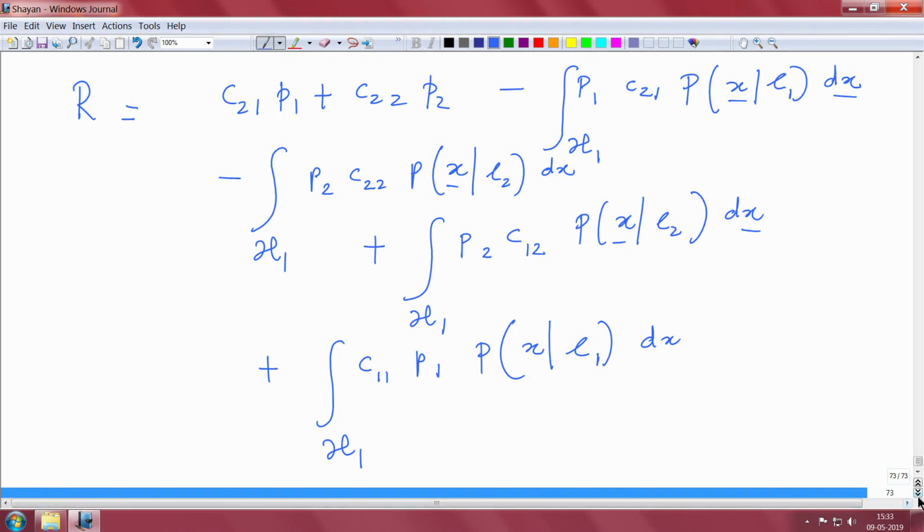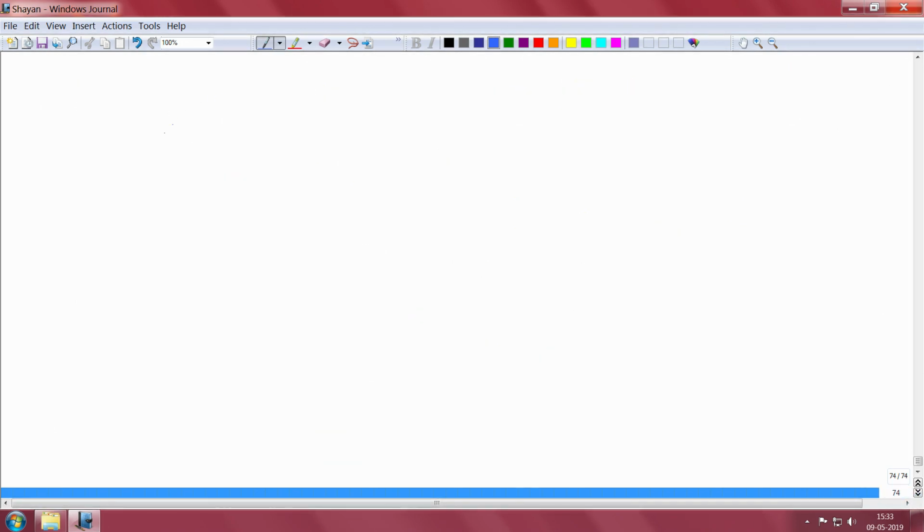Now, suppose C21 P1 plus C22 P2 is a fixed cost.